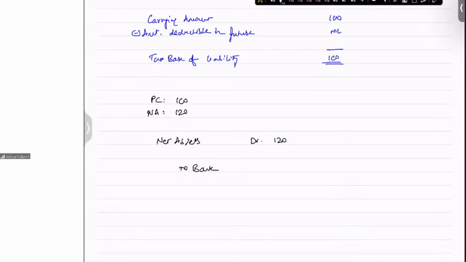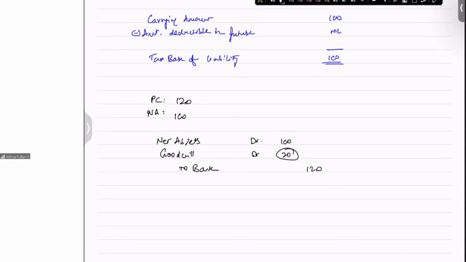Sorry, I have to make it the other way around. I'm talking about goodwill, my mistake. You are paying 120 for net assets of 100, so the difference gives rise to goodwill.